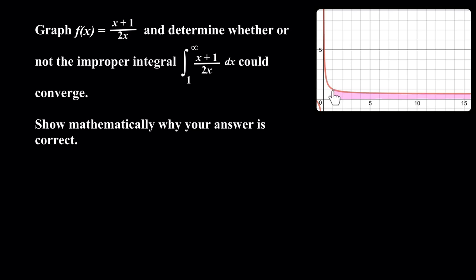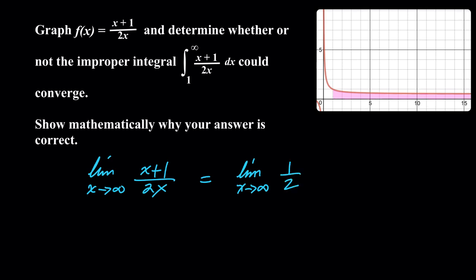This function, you can see from the graph, does not look like it approaches 0. Now, how do we determine whether it does or not mathematically? We treat this as a limit as x approaches infinity of x plus 1 over 2x, which is equal to the limit as x approaches infinity of 1 over 2.